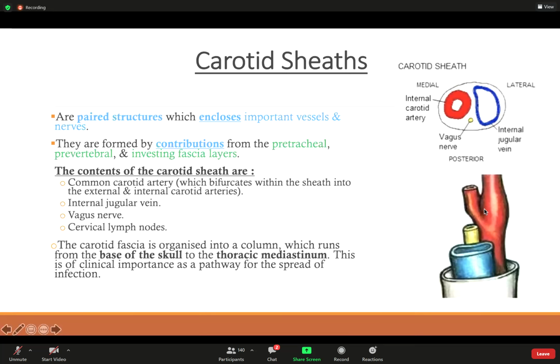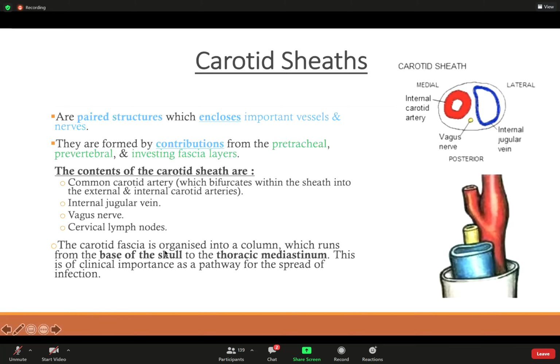As you can see in this image, the important contents are the common carotid artery, which bifurcates into the external and internal carotid arteries, and then the most important nerve we have for the thorax and the abdomen, the vagus nerve, and some lymph nodes. Beside them, you have the internal jugular vein.